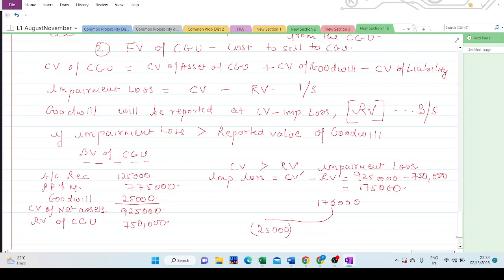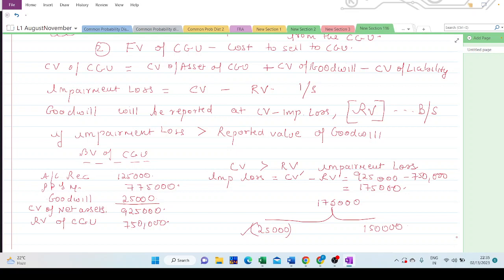And the remaining loss of 1,50,000, what will we do with this remaining loss? Basically, goodwill will absorb losses up to 25,000. What will we do with the remainder loss of 1,50,000?